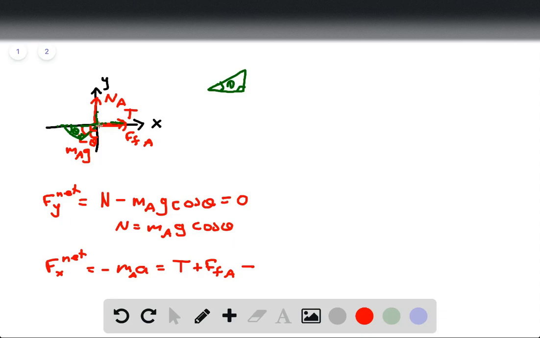And we have the gravitational force component in the x direction, going in the negative direction, pulling it down, and we have the sine of the angle picking out that component along the x-axis here. And we can rewrite this with the frictional force replaced by the equation that we know. So remember, we want to find A.